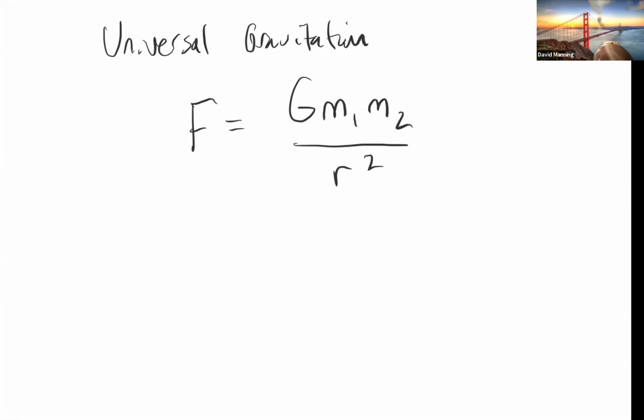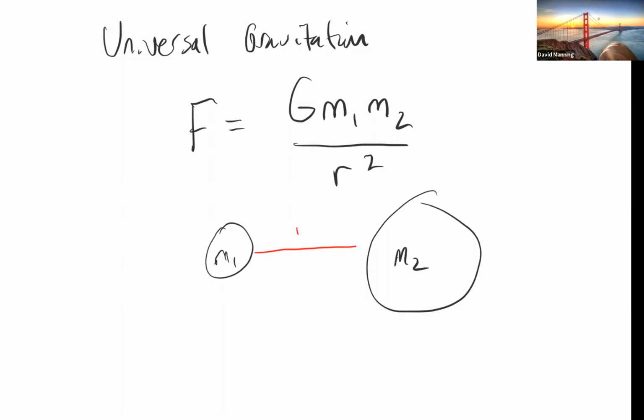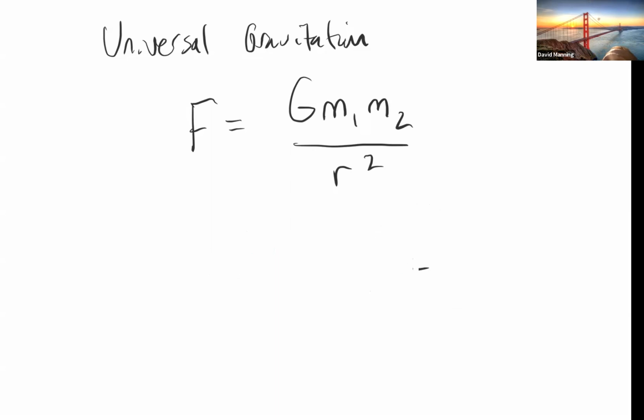the distance between them. So if we have two masses, this would be m1, this would be m2, and there's a distance between them here, we'll call that the radius. So that's our r squared. And as these distances get further and further away from one another, it changes.